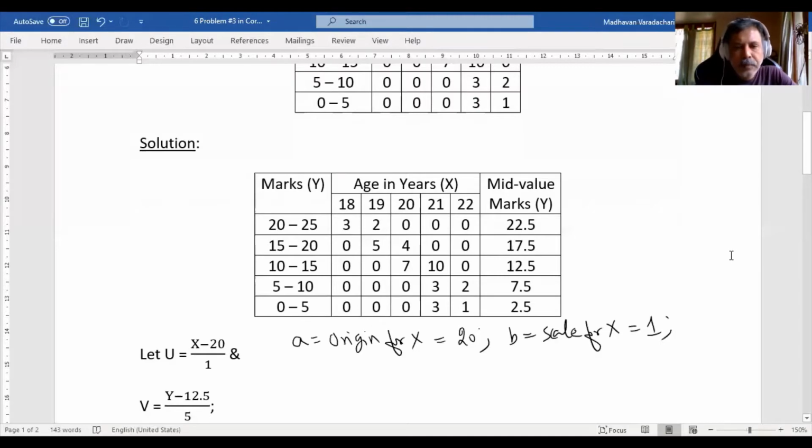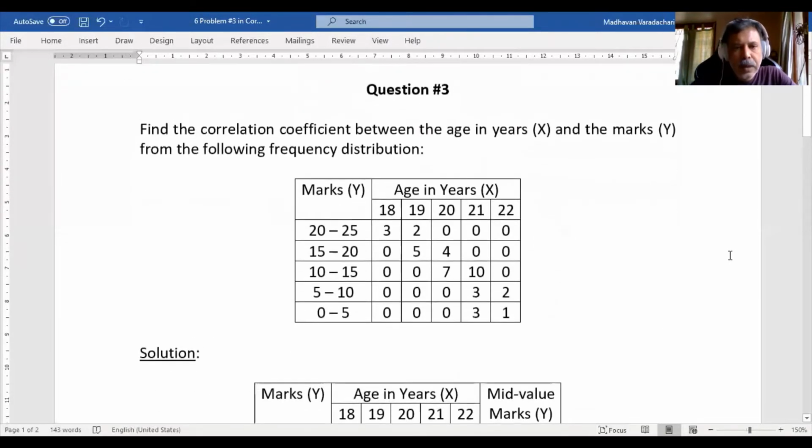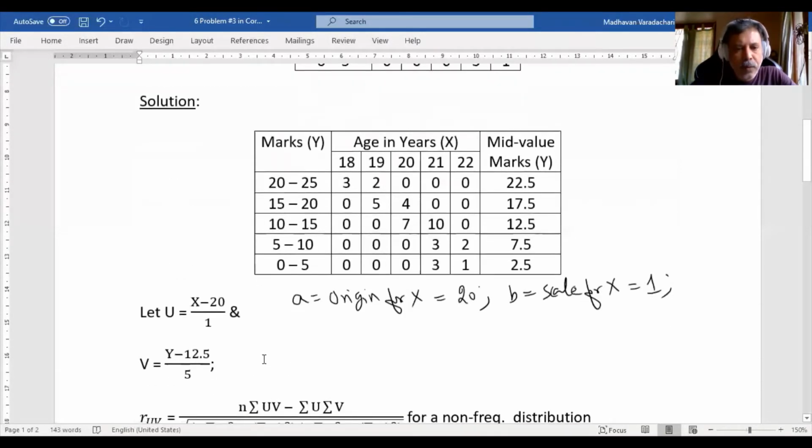Similarly, if we look into variable v, we considered the middle value, that is 12.5, as the origin. So here v is y minus c. So c is our origin for y, that is considered as 12.5, and for this the scale d for y is considered as 5.